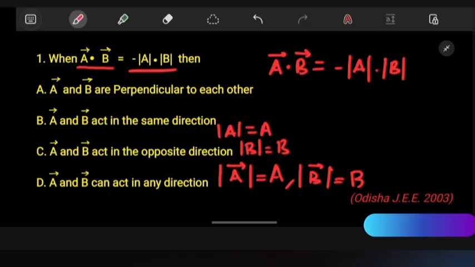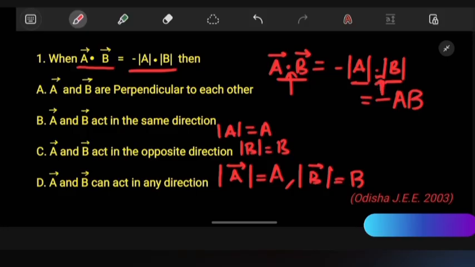Okay, so we can write this right hand side as minus mod a, meaning a, simply multiplication, and b. Why is it simply multiplication? Because on the left hand side, this is scalar dot product, but this is simple multiplication.